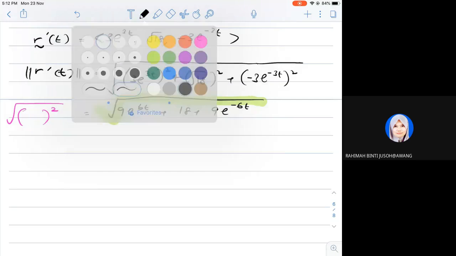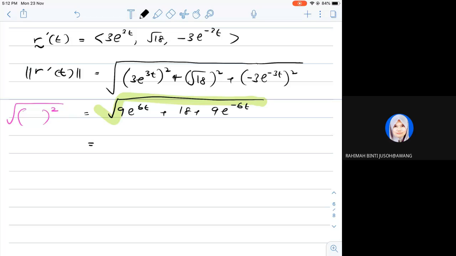Okay, so what happened, guys? I'll give you tips. How do we simplify these terms? Look at this coefficient, 9. So the square root of 9 is 3. Open the bracket, 3, and then the exponent, 6 divided by 2, because we are squaring, power 6 becomes 3t.